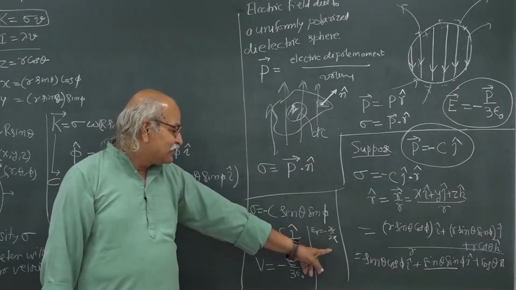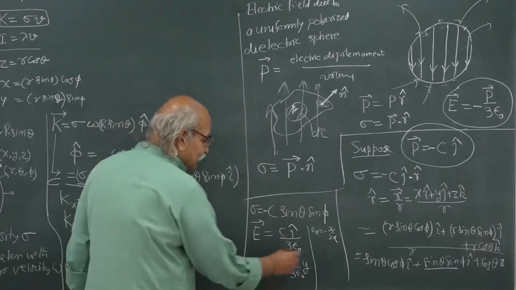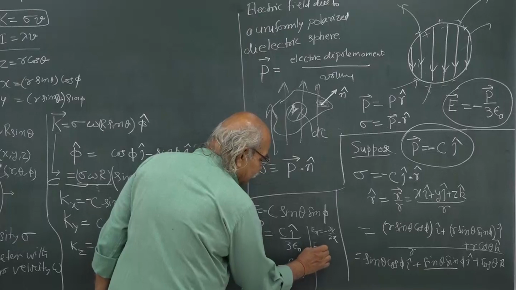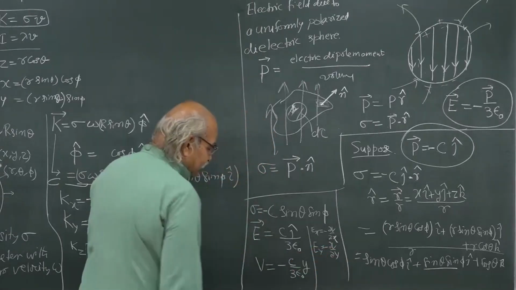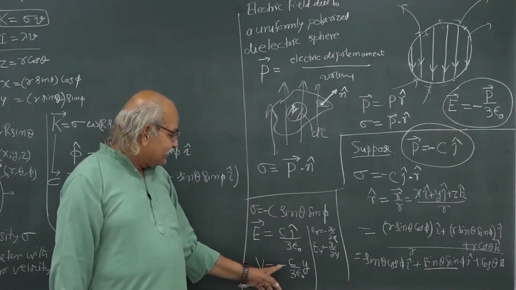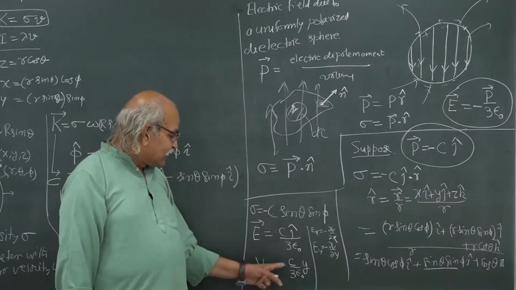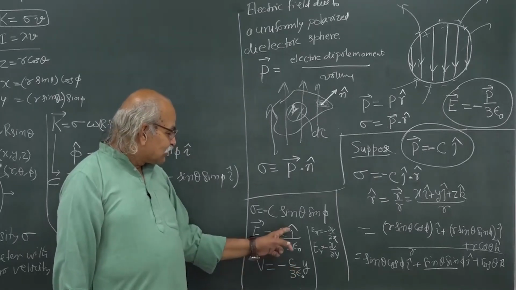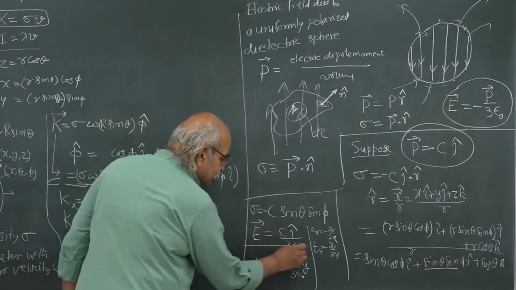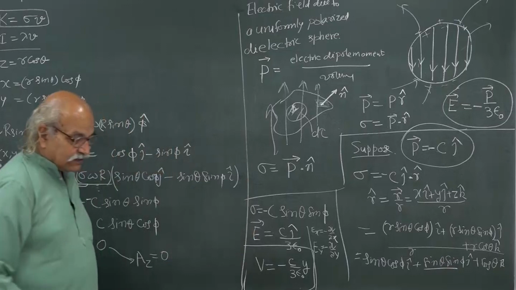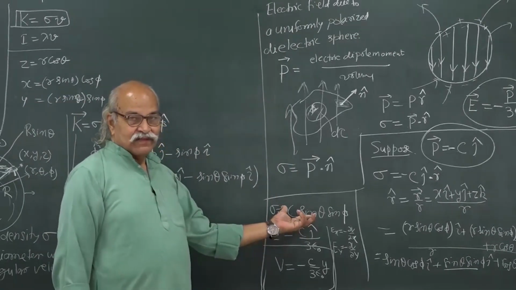You will not have any z dependence in the potential, no z component, and for y, Ey should be equal to minus del V del y, and that is E in fact. So, minus del y of V will be just C by 3 epsilon naught. So, that will be the y component which is there. So, this is our electric potential because of this charge distribution, right.